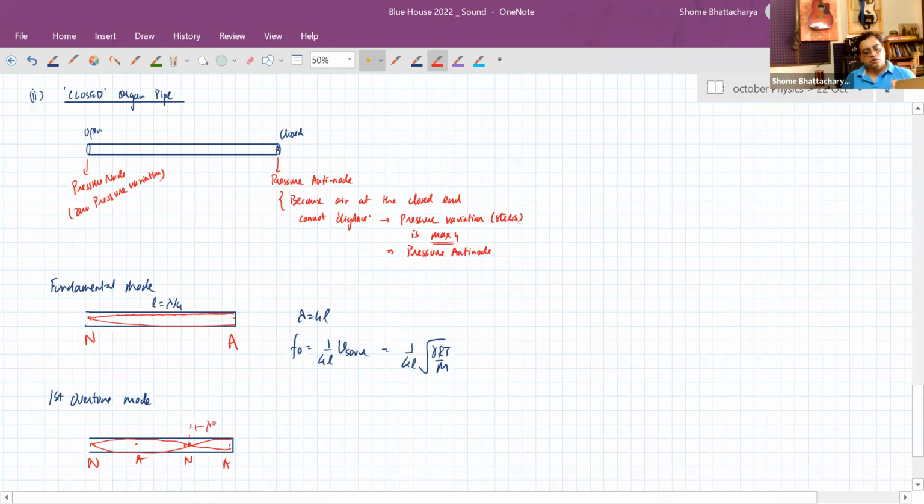This is lambda by 4, this is lambda by 2. The length of the pipe becomes lambda by 2 plus lambda by 4, that is 3 lambda by 4. So lambda is 4L by 3. You can see the wavelength has become one third, so frequency will become 3 times. So the first overtone mode is the third harmonic of the fundamental.